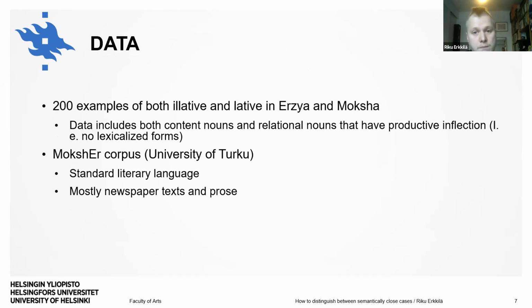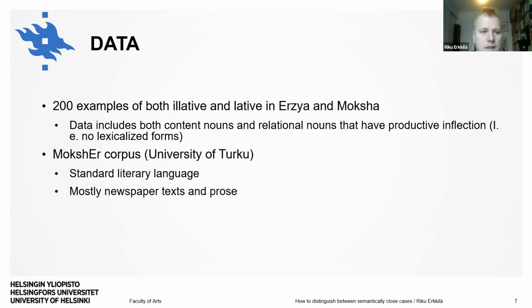And then the data has 200 examples, both from Erzya and Moksha, and from illative and lative, so it's 800 examples total from the Moksha corpus. And the data includes content nouns and those relational nouns that are declined productively.